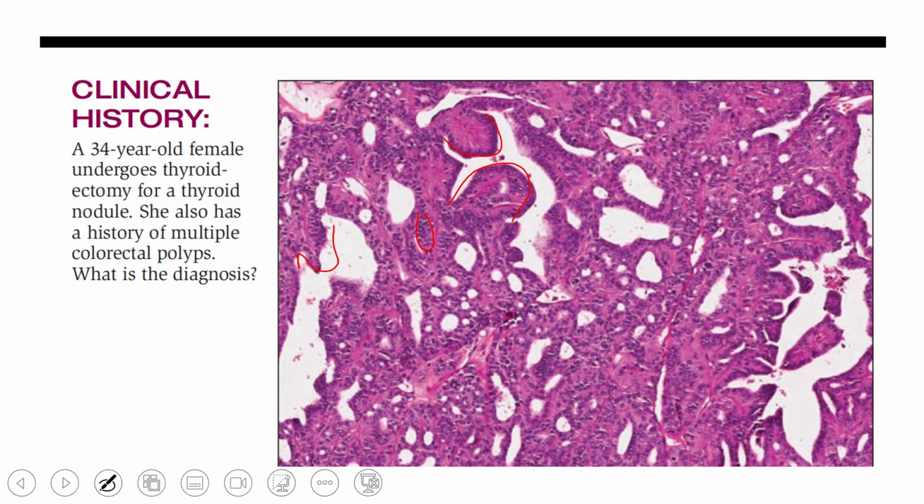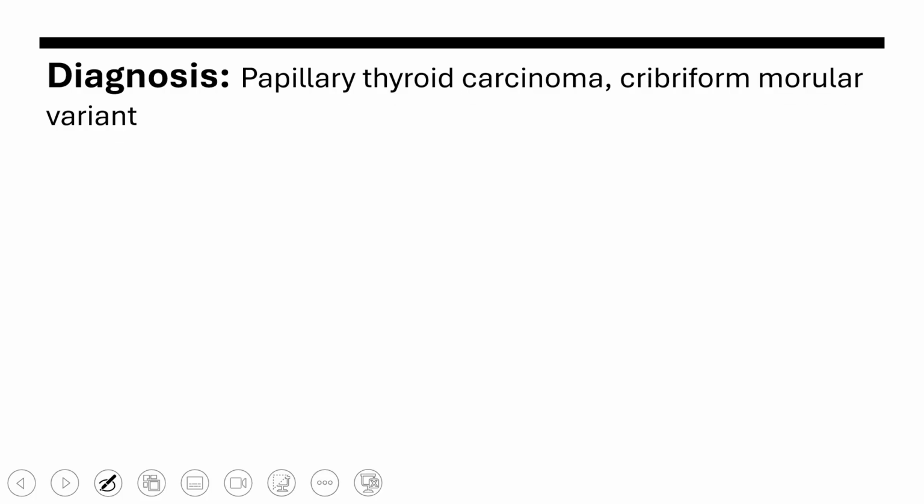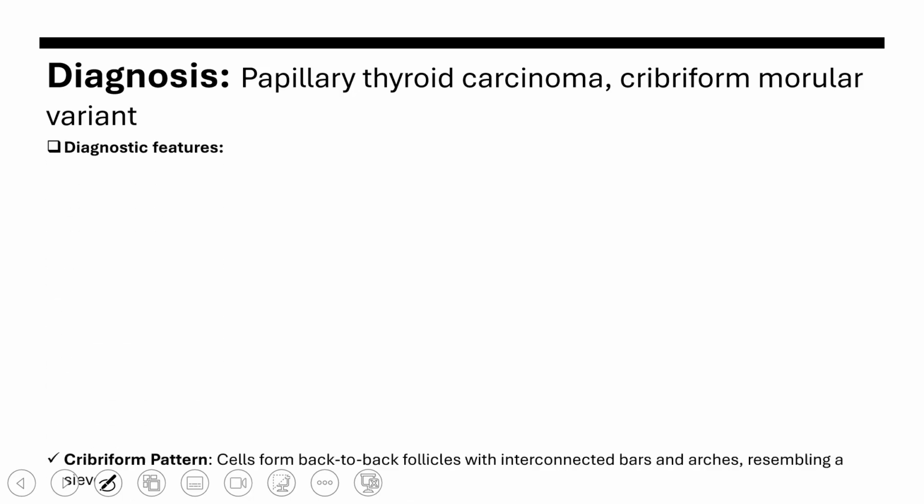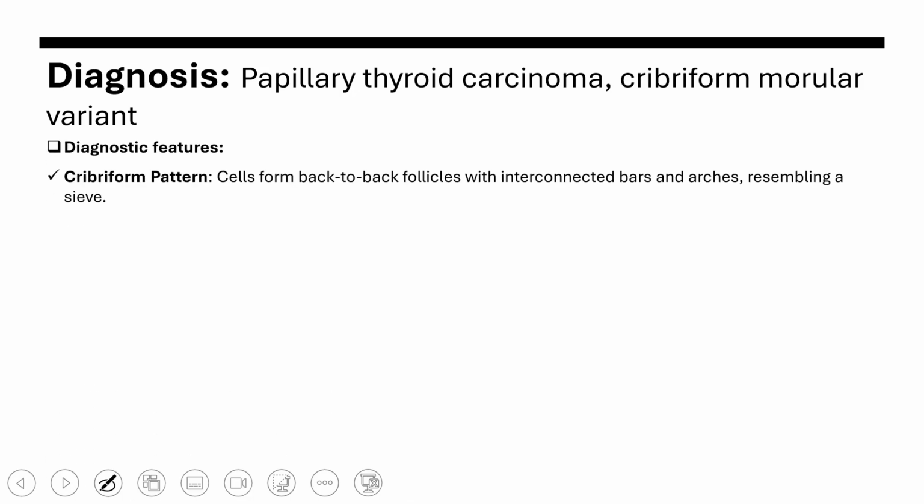All these features signify the cribriform-morular variant of papillary thyroid carcinoma, which generally occurs from mutation of the APC gene. And the diagnosis is papillary thyroid carcinoma, cribriform-morular variant, and these are the diagnostic features that we discussed.